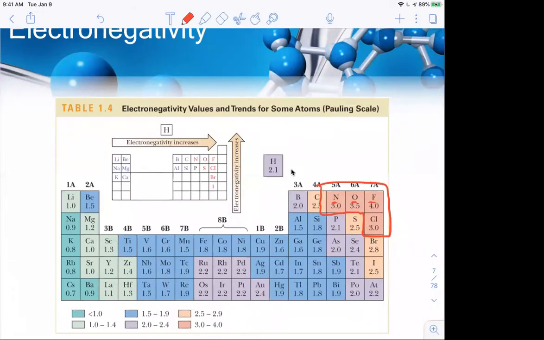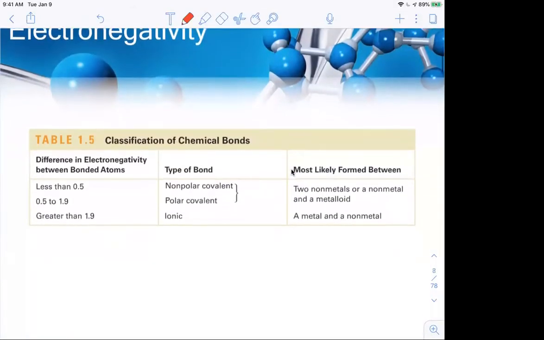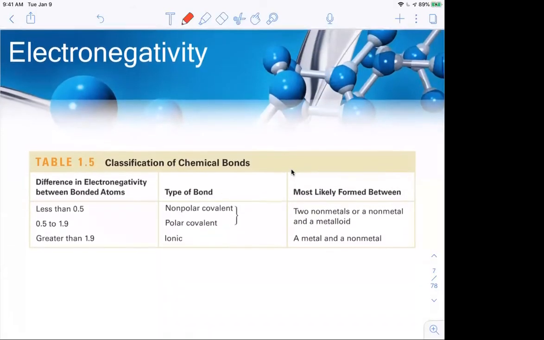The halogens as well, but this whole area of nonmetals here is going to be what we're going to focus on in terms of organic chemistry. And mostly we focus on covalent bonding. So remember, I can classify the chemical bond that forms between two atoms by looking at the difference in electronegativity. A lot of times I'll write that as delta EN.